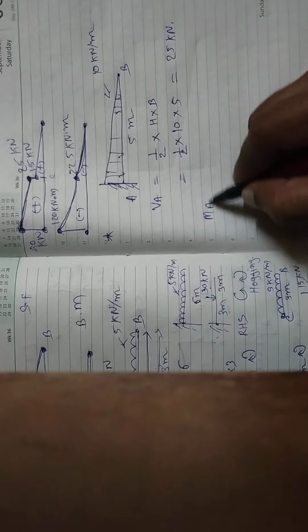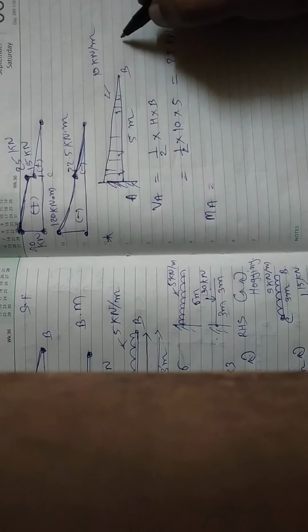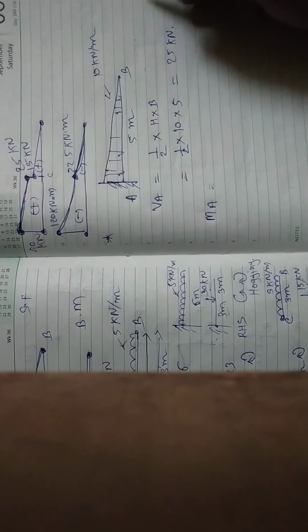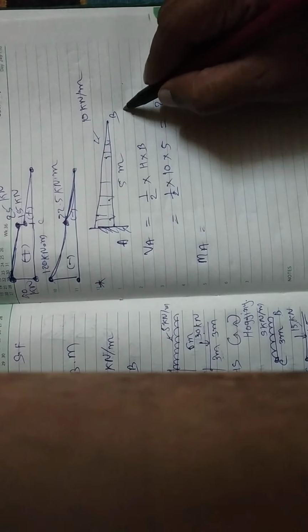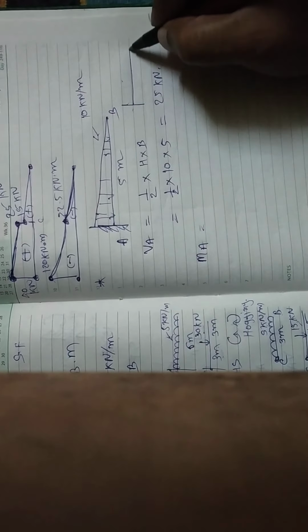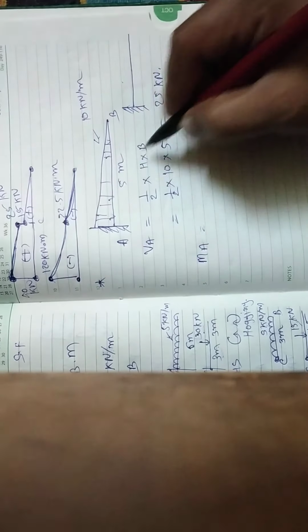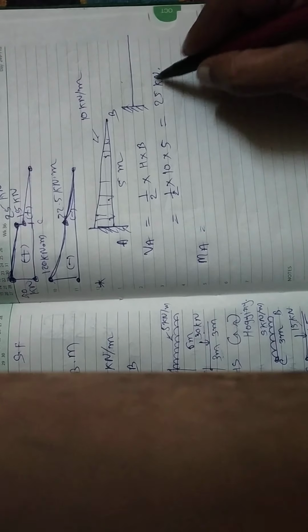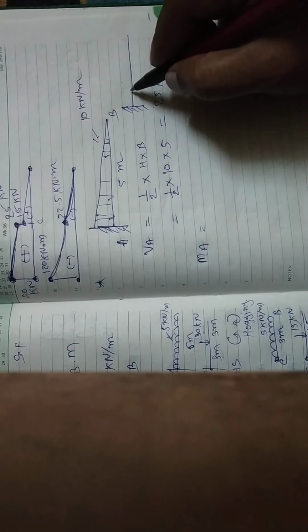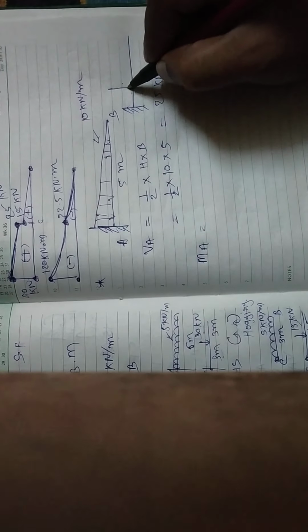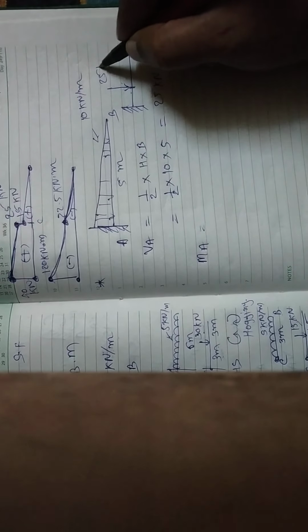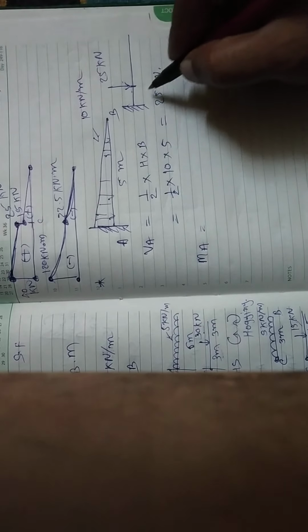And moment at A. So first of all, you have to draw the simplified format of this given cantilever beam. So to draw it, let me help you to draw this. It's a cantilever beam, and this total load, as we calculated, is 25 kilonewton. But we know that it's a triangle, so it is applied at its CG, and its CG is available here. So you can say it's a 25 kilonewton total load, and it's acting at the distance.